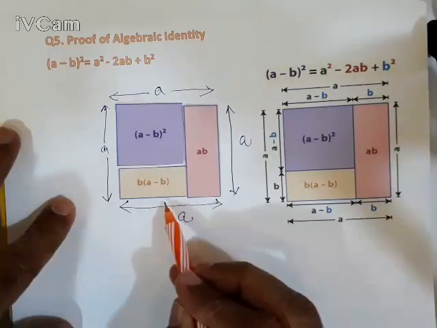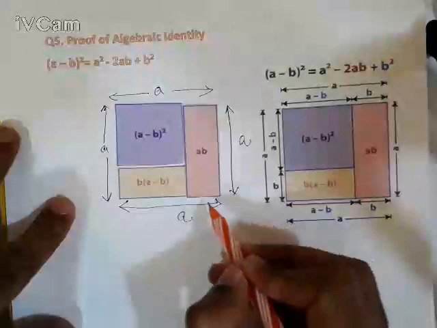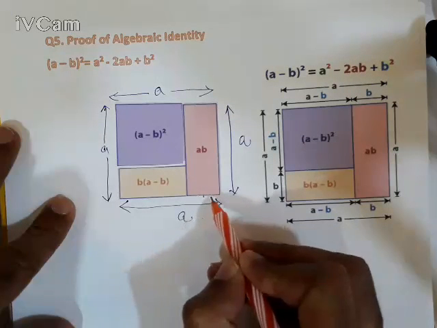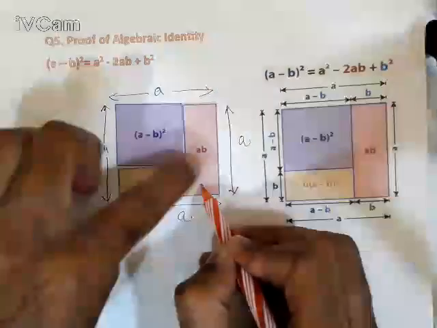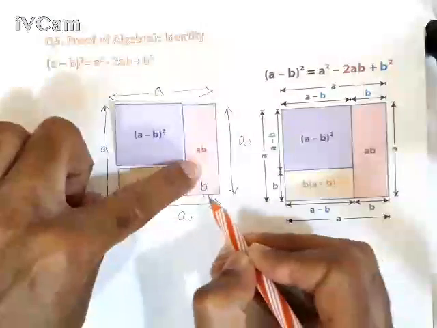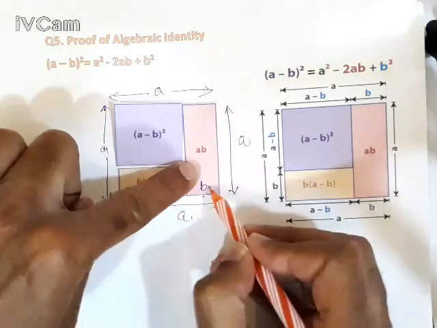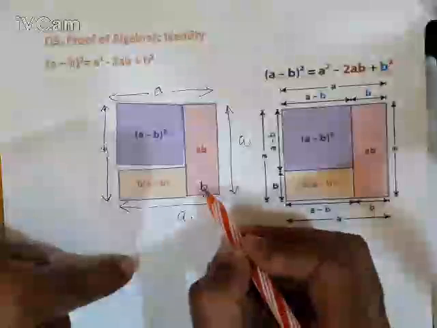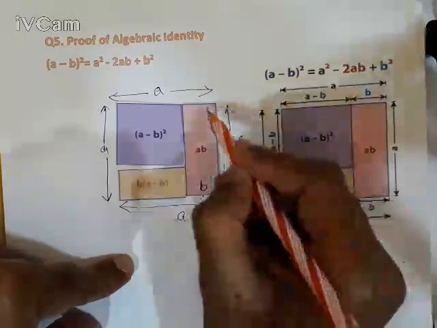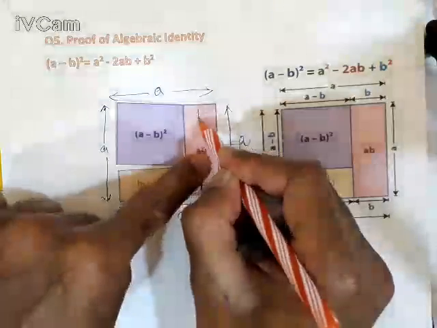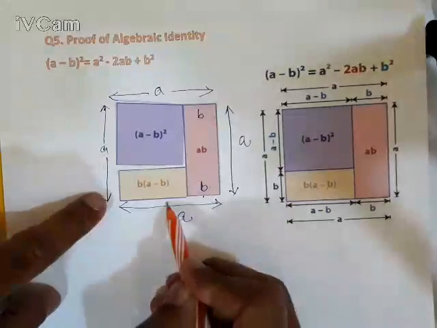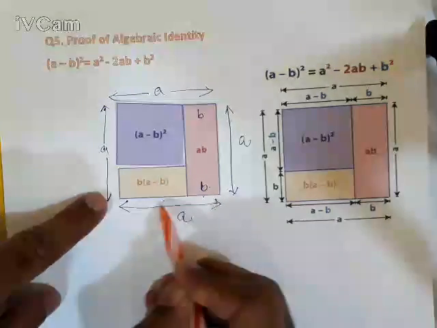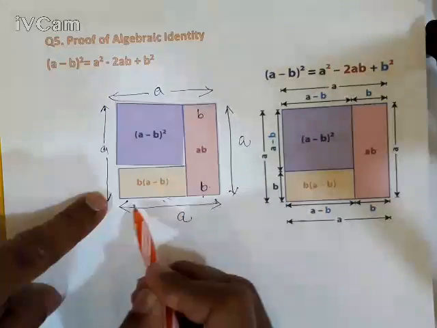Now how we will calculate this smaller portion? First of all we will say the name of this width of the rectangle is small b, and if it is a rectangular shape and this width is b, obviously this one is also b. Now how can you calculate this complete length of the smaller rectangle?